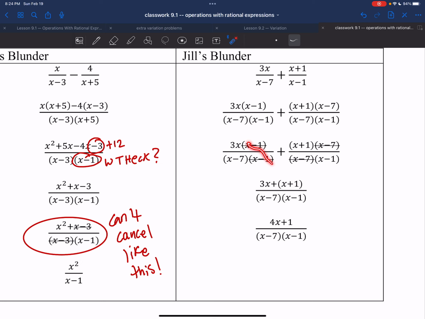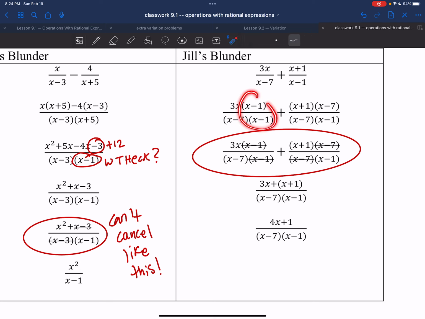But then she cancels out the x minus 1 and the x minus 7. Jill, what are you doing? So the reason I'm saying, what are you doing, Jill, is because Jill just multiplied by x minus 1 over x minus 1 in order to get a common denominator.